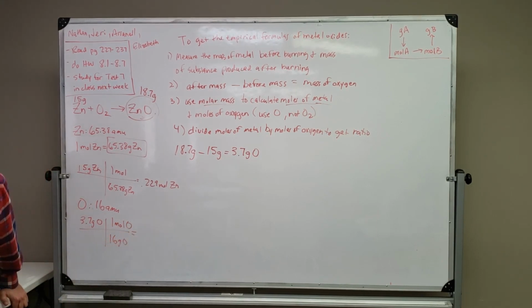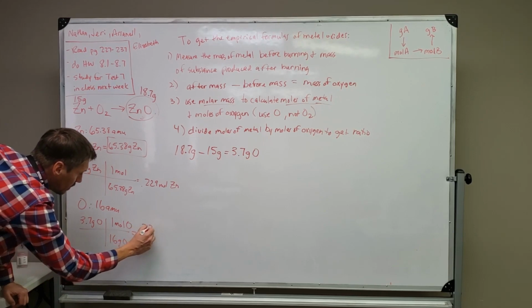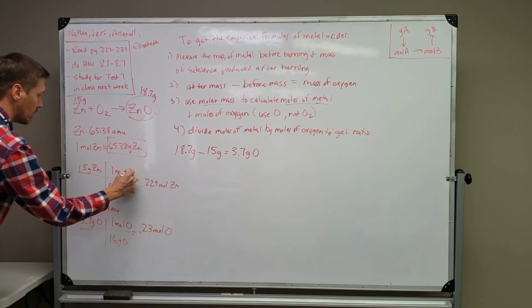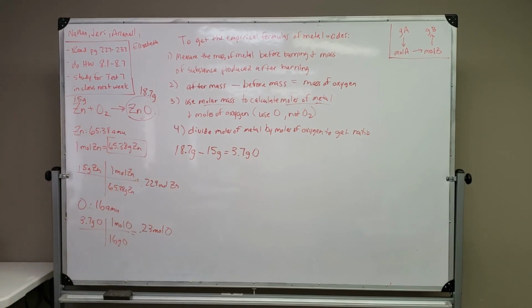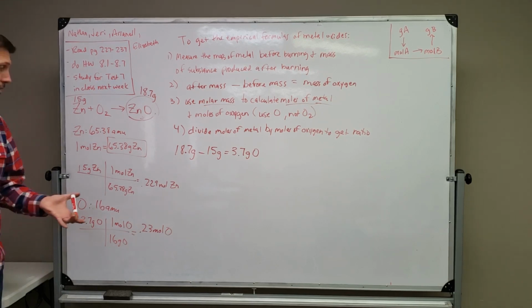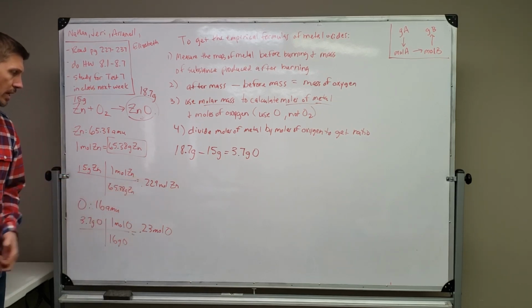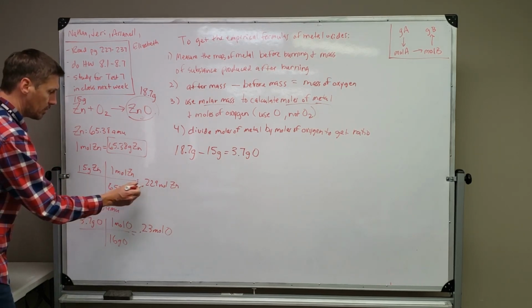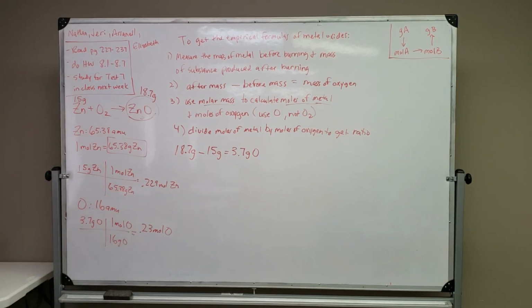And so we get 0.23 moles of oxygen. Should put zinc over there. So now we know that in our white powder, we have 0.229 moles of zinc, and we have 0.23 moles of oxygen. And so now we're on our last step.